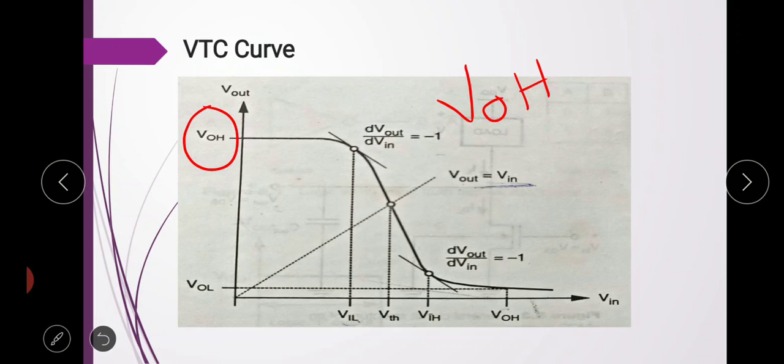The voltage drop across the load device is very small, so the output voltage is high. As the input voltage Vin increases, the driver transistor starts conducting drain current and the output voltage starts to decrease. When the threshold voltage is reached, the NMOS turns on and slowly the current starts to flow, and gradually the output voltage starts to decrease.